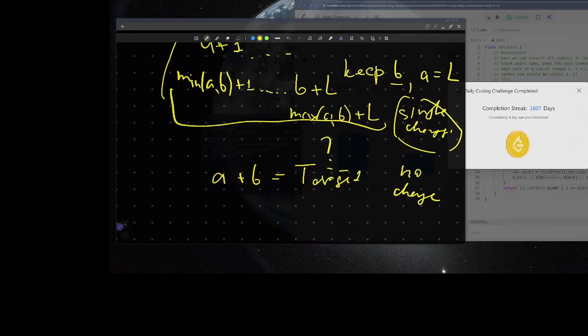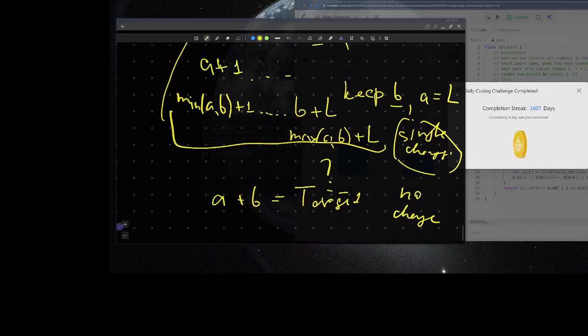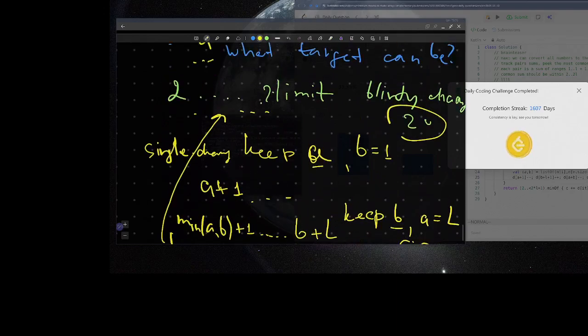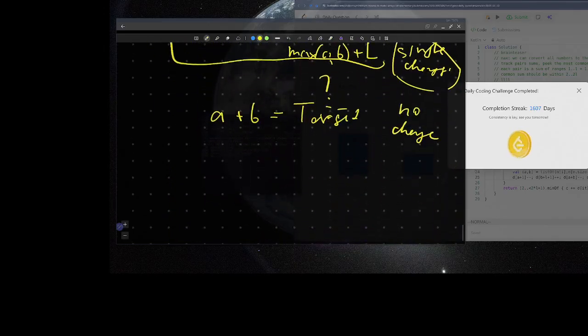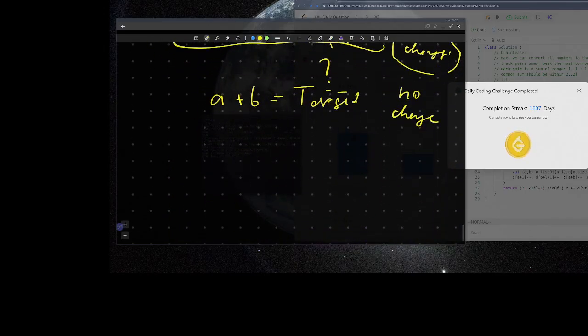It's just some imaginary target. And we can say that in this range, at the point A plus B, we have change equal 0. We don't require it.